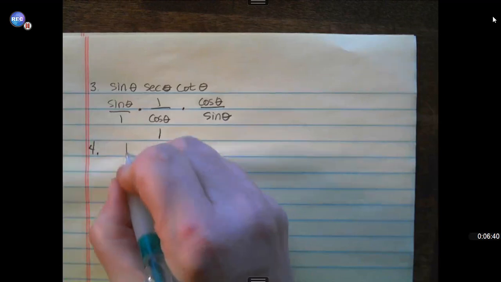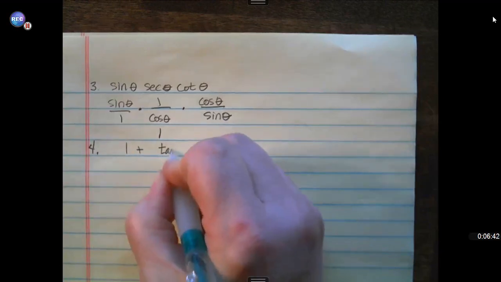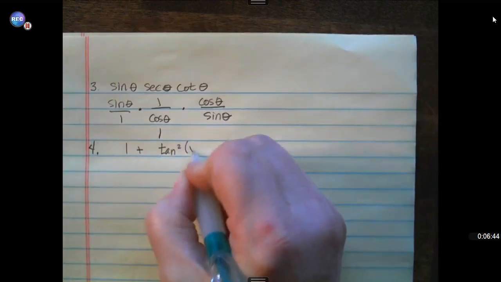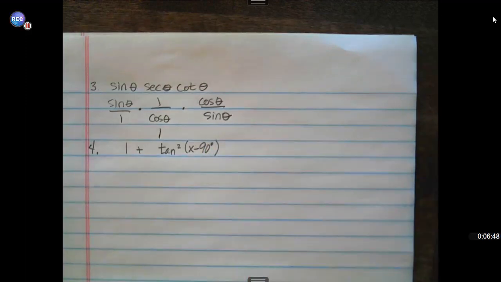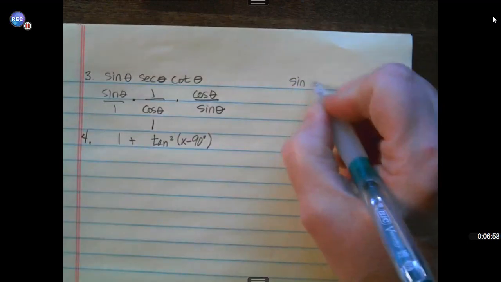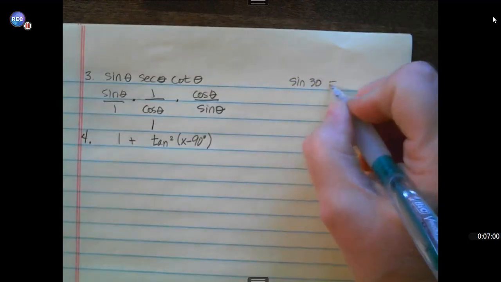We have 1 plus tangent squared of x minus 90 degrees. And this is what I call a co-function problem. The sine of 30 is equal to the cosine of 60.